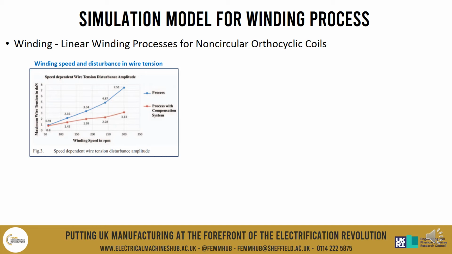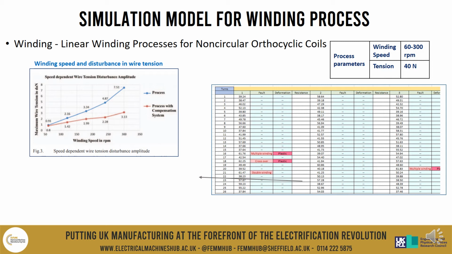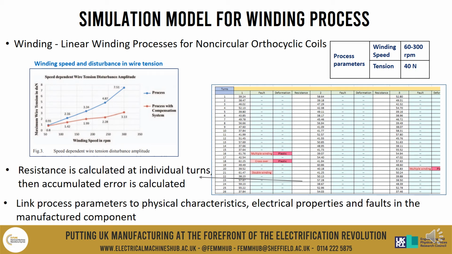And therefore, our model included two main process parameters of winding speed and tension. Our model focused on individual layers during winding and then each turn within that layer. Resistance was calculated at individual turns and then the final accumulated error was calculated.